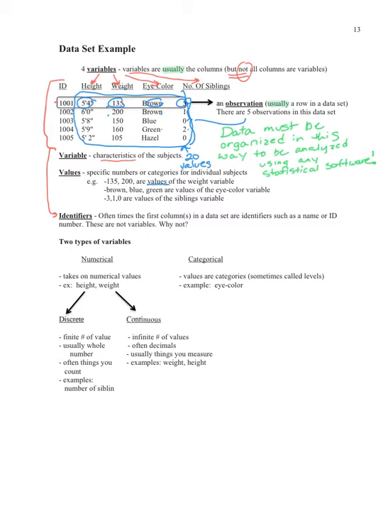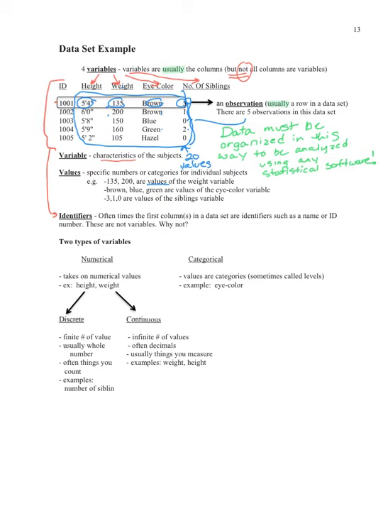So it's there for purposes of data entry and keeping track of things, but it's not something that we're going to analyze. So in this data set, although we have 5 columns, we only have 4 variables. Oftentimes there's multiple columns, usually at the beginning, that identify. There could be an ID number and a first name, last name. All of those would be identifiers, not variables.